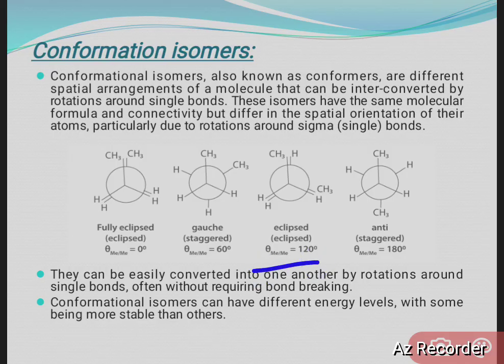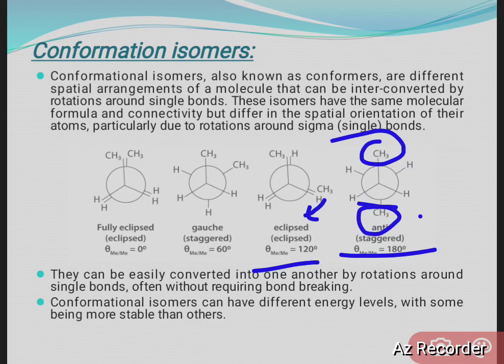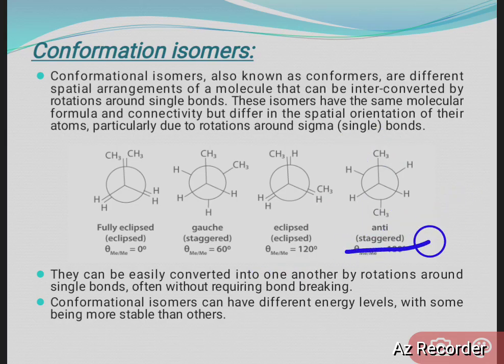Again, we rotate this molecule and get this structure. Here the angle is 120 plus one more 60 degrees, so we get a dihedral angle of 180 degrees. Here one methyl is on this side and the other methyl is on the opposite side, exactly opposite. That is termed the anti-staggered conformation.